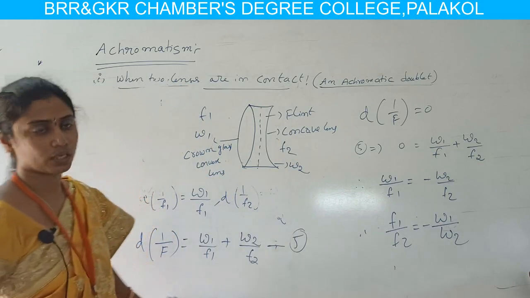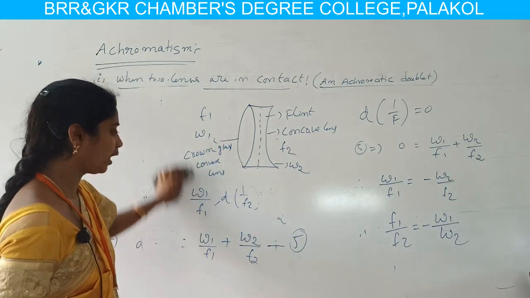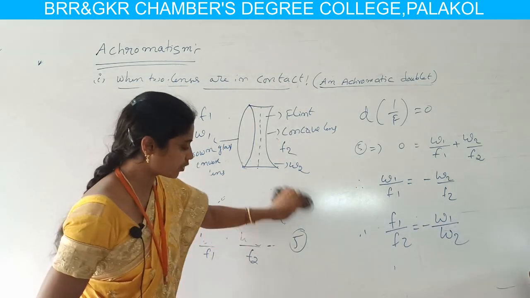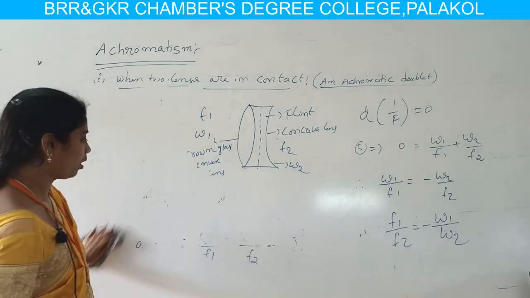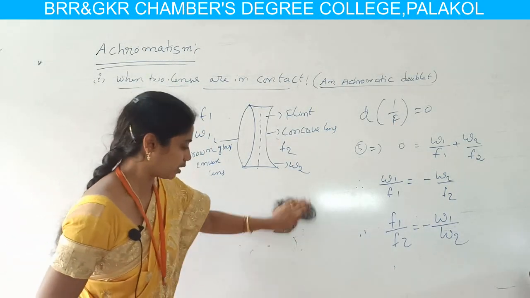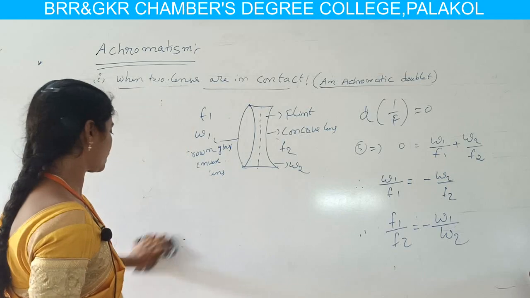Hence, these focal lengths have positive sign only, with the ratio of dispersive powers.